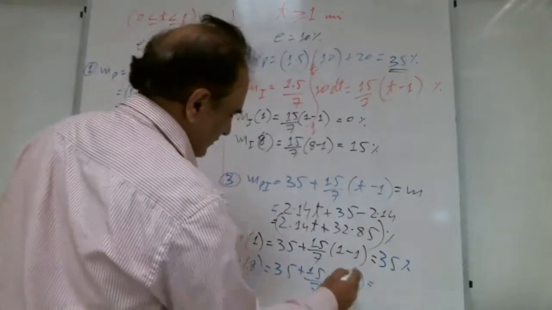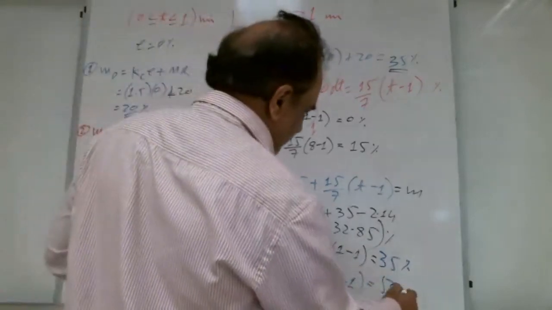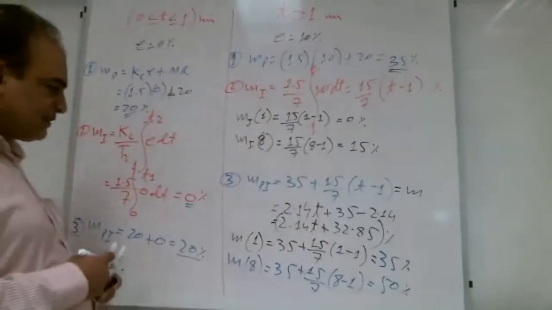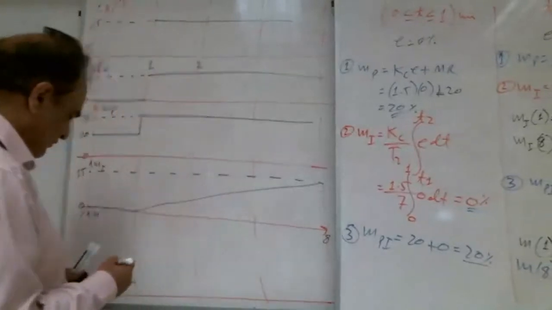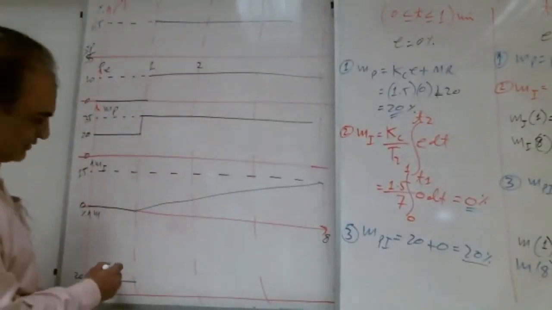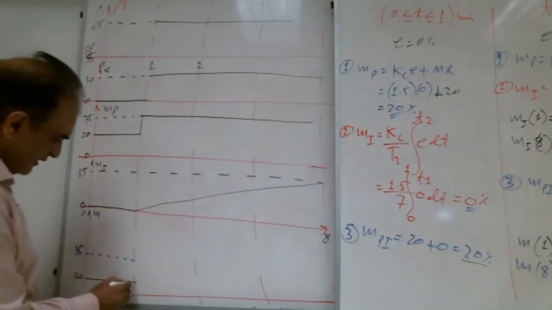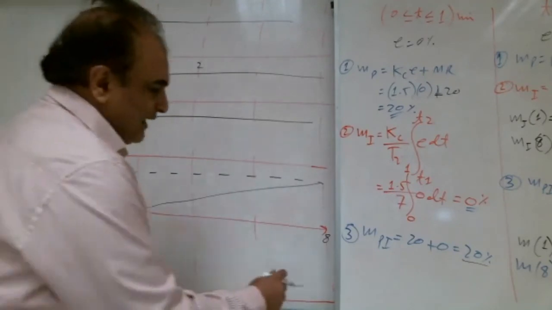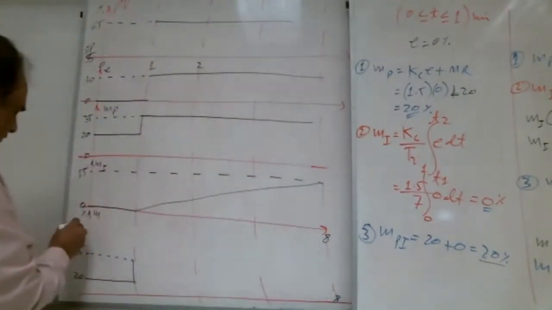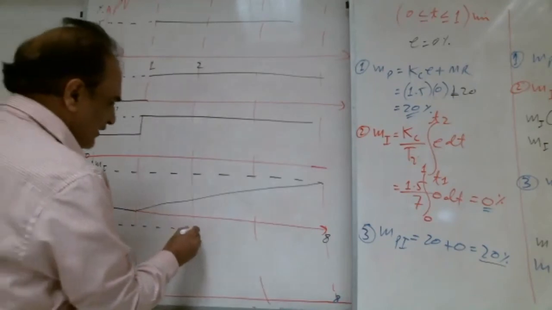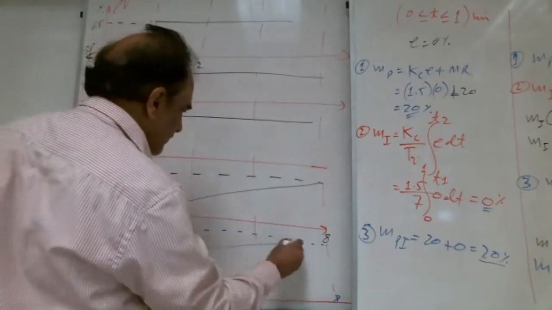How much? 50. That's good, 50%. So it raises to 35 here, and then at 8 it becomes 50. We put this dotted line, take it to 8, and connect it here.